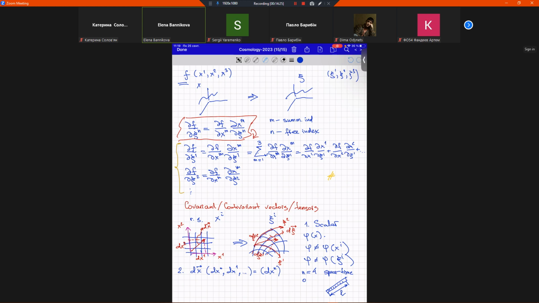Okay. And in the second reference system, we will have the vector dx with components dx0, dx1, and so on.